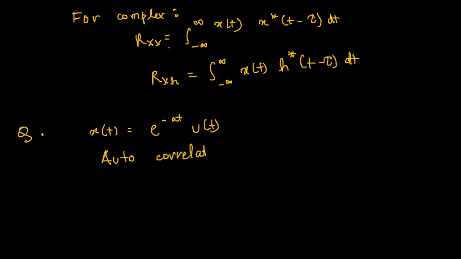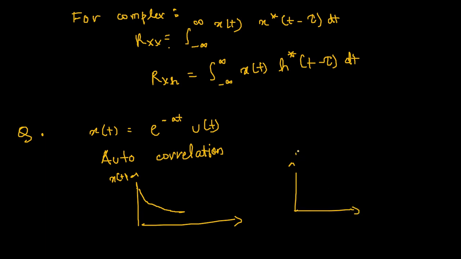Since we are familiar with convolution, correlation is almost no big deal, because what we do is we fix x of t, this is the graph of x of t, which is given as e to the power minus at, and the other graph, x of t minus tau, is given here.